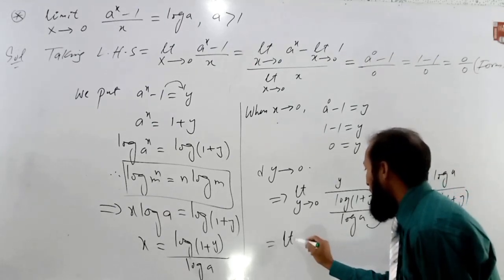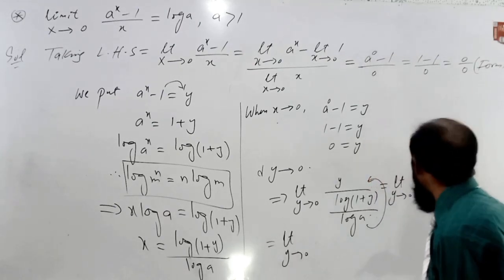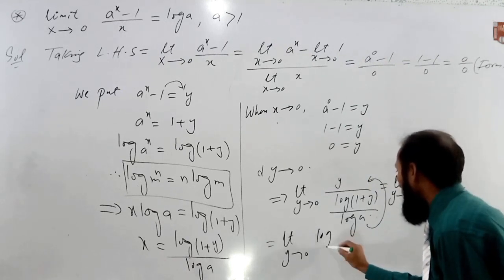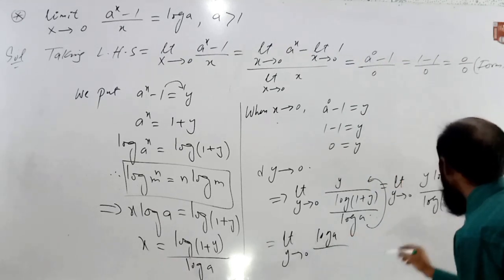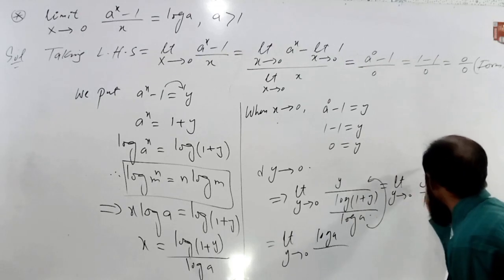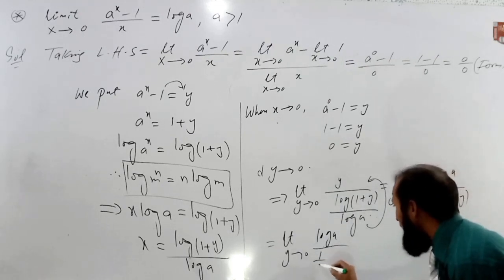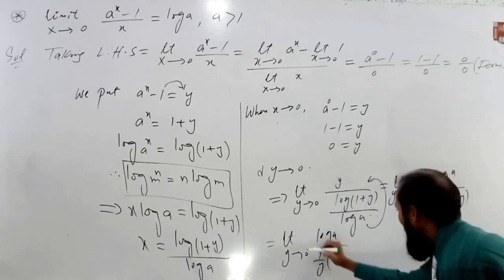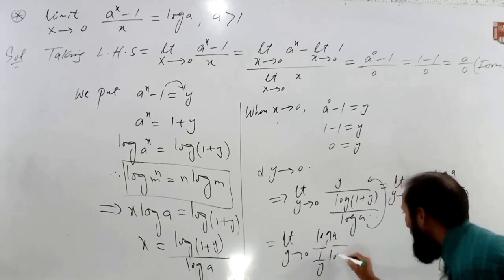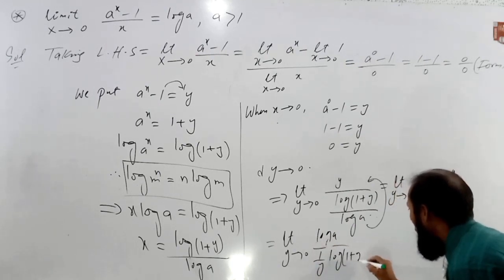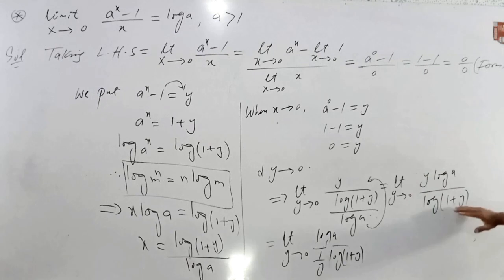Now limit y tends to 0, log of a divided by, we can write this term 1 over y and log of 1 plus y, because y is available, we change this term to 1 over y.